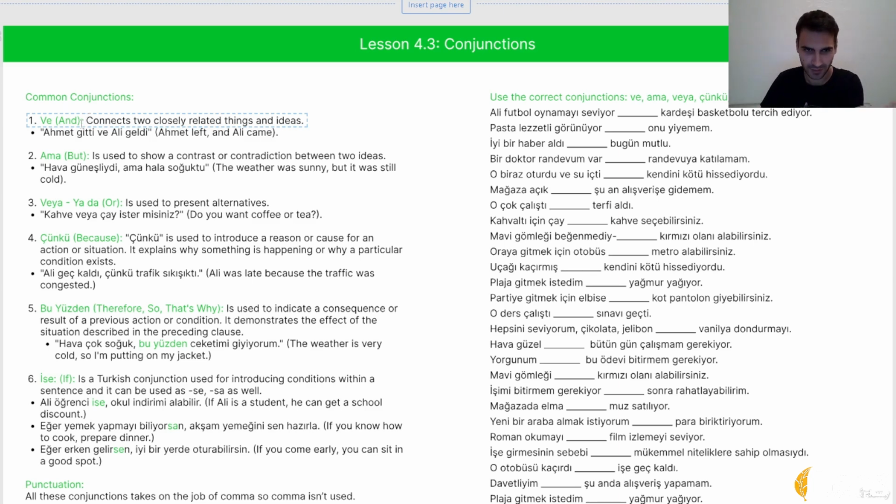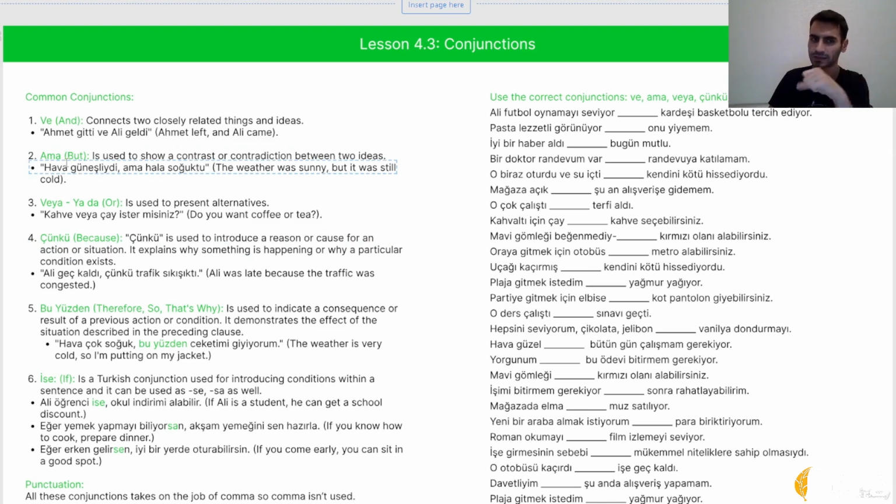Ve means and, it connects two closely related things and ideas. Ahmet gitti, Ali geldi. Ahmet left and Ali came. But, ama, the weather was sunny, but it was still cold. Hava güneşliydi ama hala soğuktu.